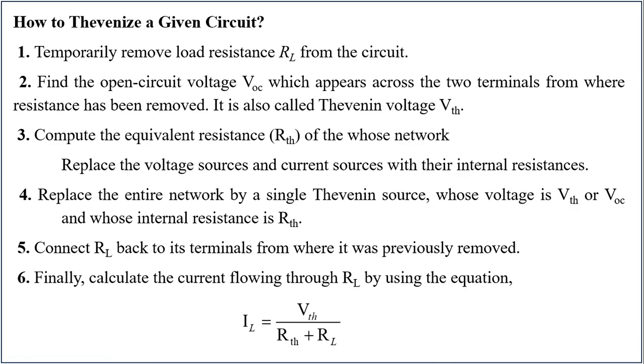There are certain steps you have to follow in order to Thevenize the given circuit. First, you have to remove the load resistor after identifying the load value. Then the second step is to find the open circuit voltage, which is also called Thevenin's equivalent voltage, across those two removed terminals after removing the load resistor.